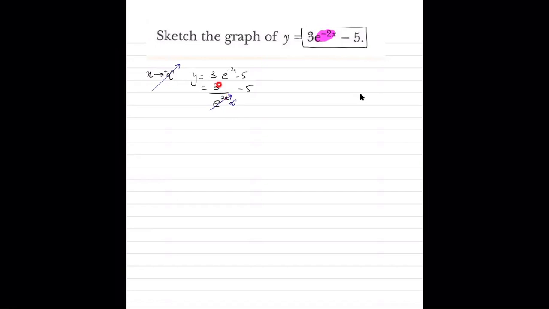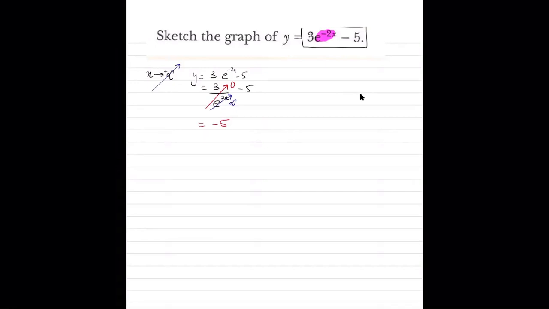If that is the case, then 3 divided by infinity, any number divided by infinity, is 0. So y is going to approach minus 5. This tells me that my asymptote is at minus 5: as I increase the value of x, the value of y is going to approach minus 5.